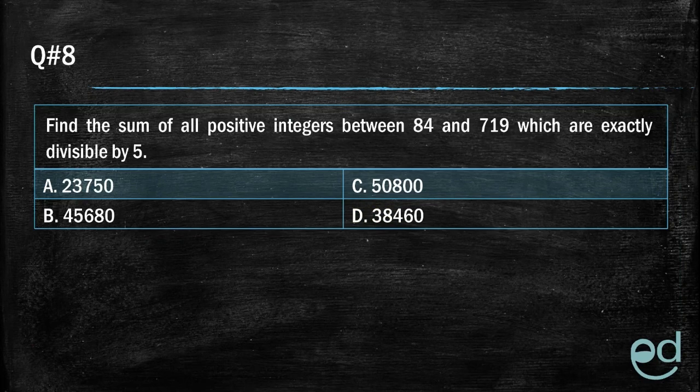Question number 8. Find the sum of all positive integers between 84 and 719 which are exactly divisible by 5. A. 23,750. B. 45,680. C. 50,800.